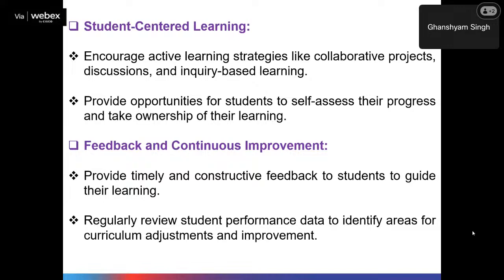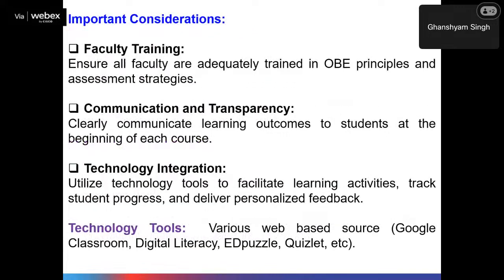Every student must get timely and constructive feedback, and we must provide feedback to guide their learning. We must regularly review the student performance data to identify areas for curriculum adjustment and improvement. Now, some of the other important considerations for universities and institutes if they want to implement the OBE principle effectively.